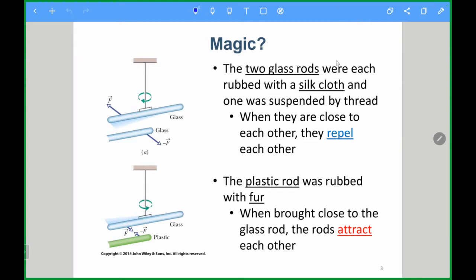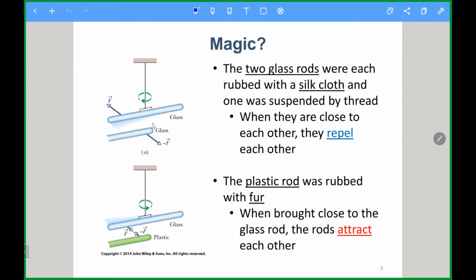It says two glass rods were each rubbed with a steel cloth, and one was suspended by thread. When they are close to each other, they repel each other. So if we fix one glass rod here, the other glass rod is free to rotate.